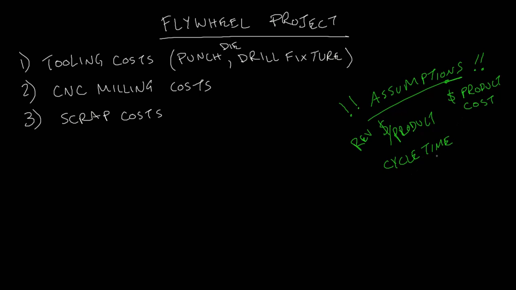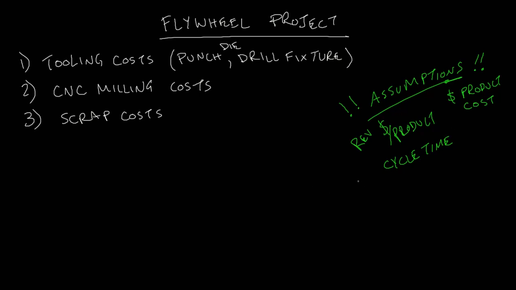Some people are hired to do time studies, to see how long it takes to make a product. All of this data in the end is an assumption because it's not the actual measured data of making that product.